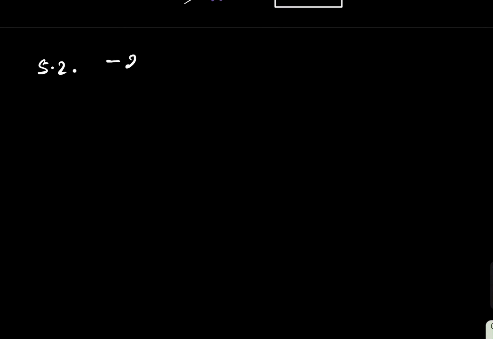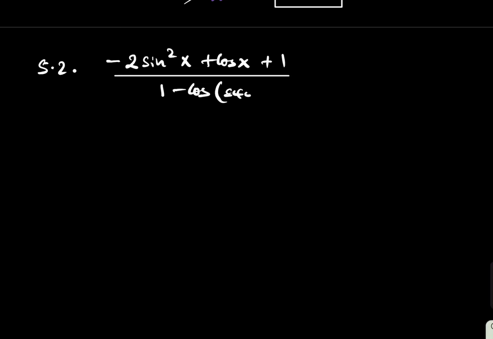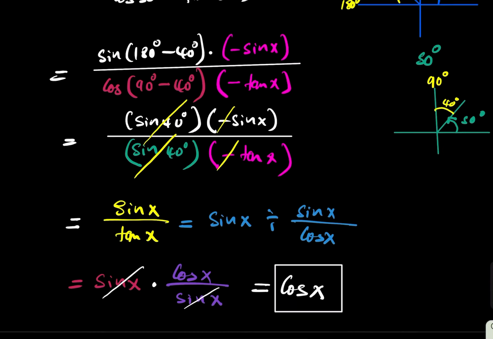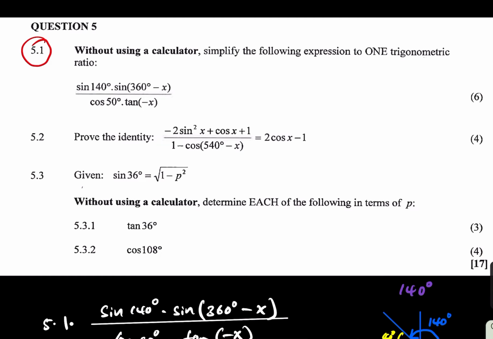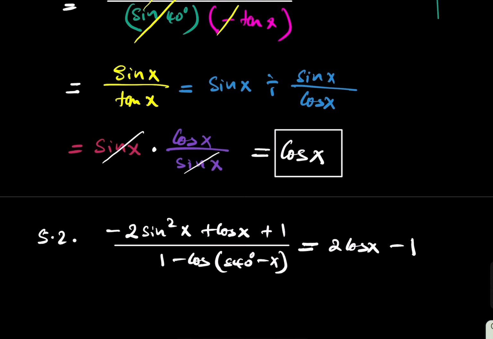Now we're going to have a negative of 2 sine x squared, and then a plus cos of x there, plus 1 divided by 1 minus cos of 540 degrees minus x there. We are saying this is equivalent to twice cos x minus 1. We can always verify that problem. So it's negative 2 sine x squared and that portion.